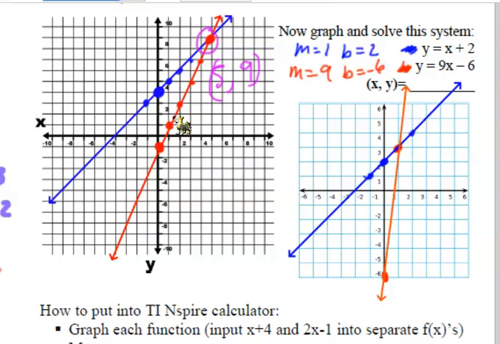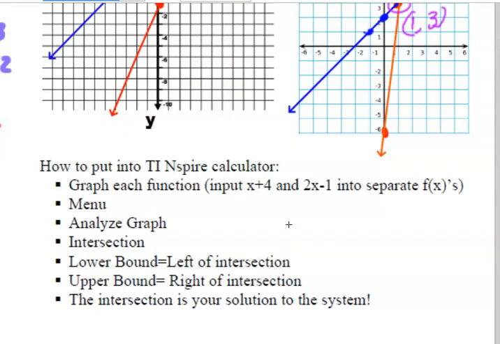Our intersection is right here at (1, 3). So your solution is (1, 3). That's your intersection. So keep practicing graphing these. You can also graph these in the TI-Inspire calculator, or you could graph it on Desmos.